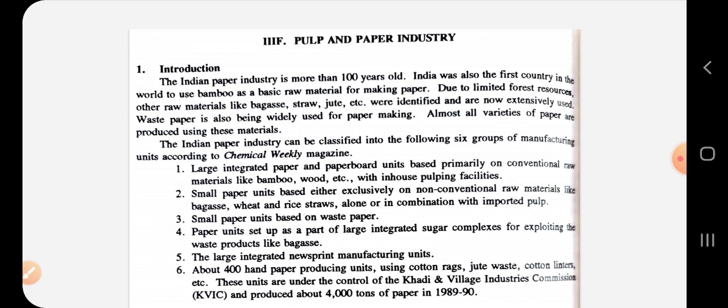Fifth is large integrated newsprint manufacturing units. So these are print media which need newspaper grade paper in large quantities on a daily basis. Next, the sixth and last category is about 400 hand paper producing units using cotton rags, jute waste, cotton linters, etc. So they use these products as their raw materials, which fall into the renewable category.